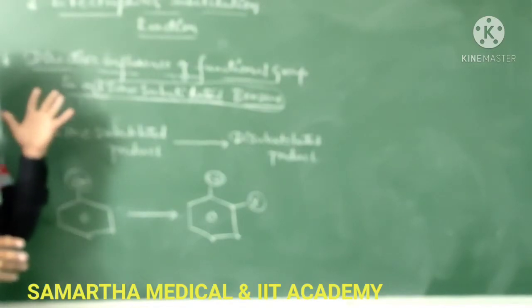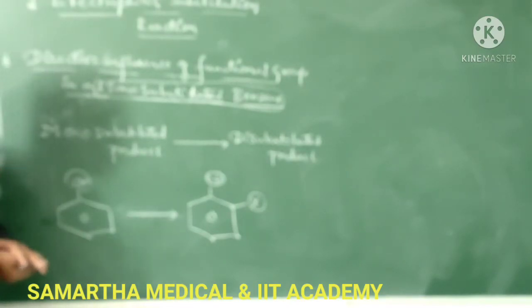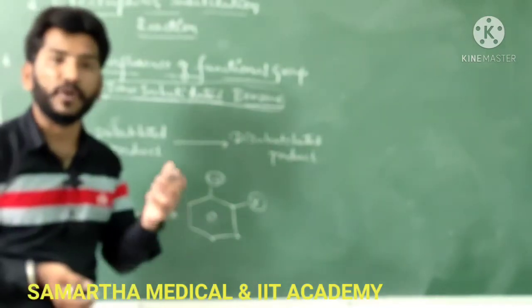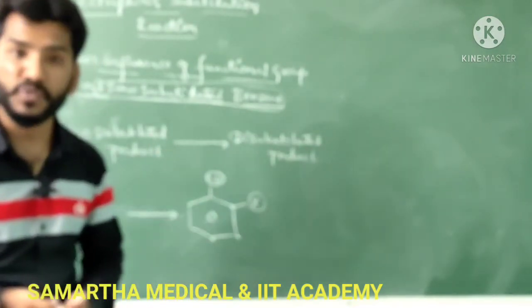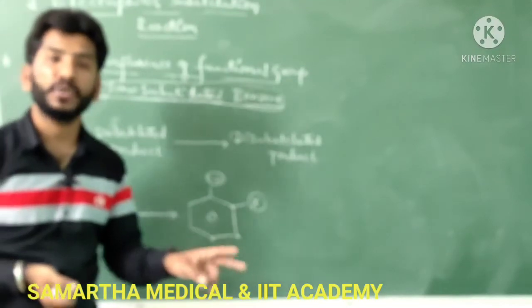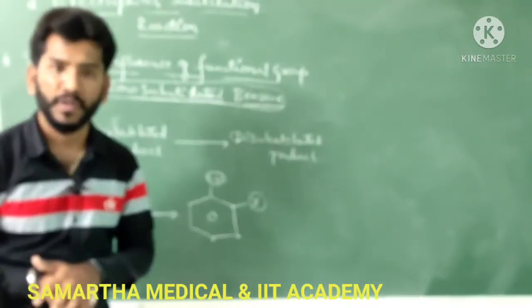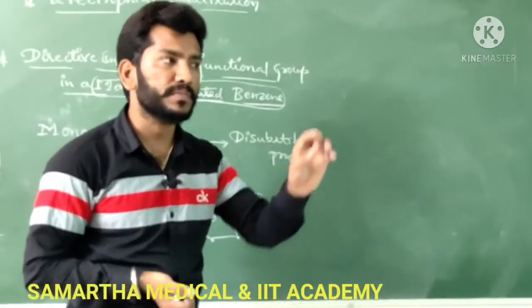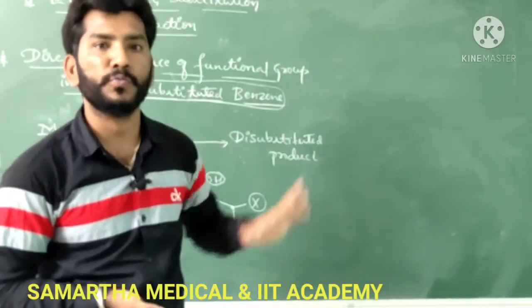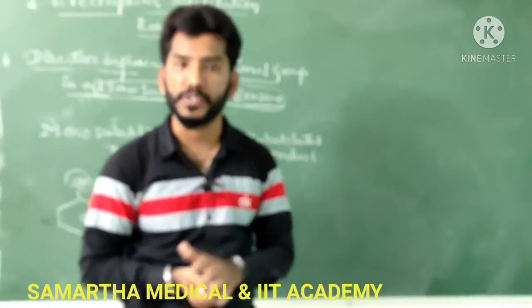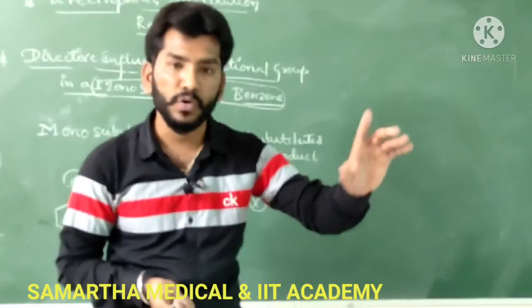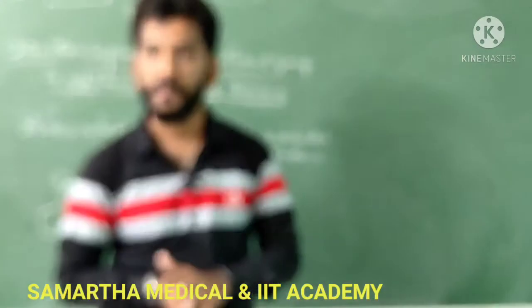Based on these directive influences, the various functional groups or substituents are classified into two categories. If a substituent or group directs the incoming group to the ortho and para positions, we call it an ortho and para directing group.